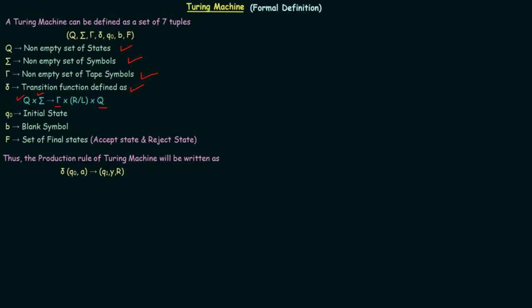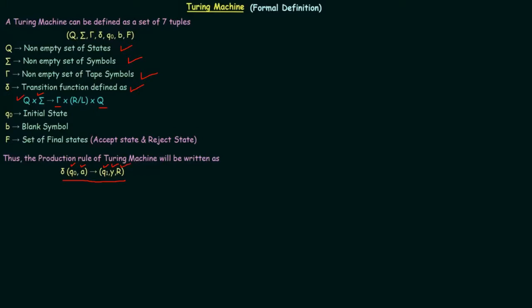If I look at this, you can see an example given: you are applying an input symbol of A on the state Q0. It is going on to another new state, that is Q1. From Q0 to Q1 it is going. Y is the tape symbol and R is the direction of movement.